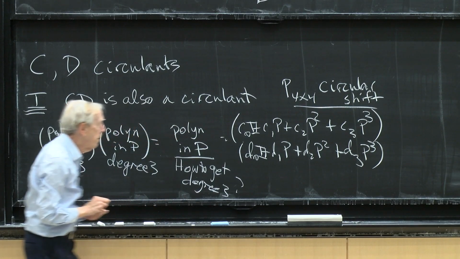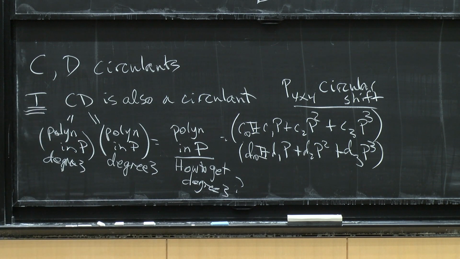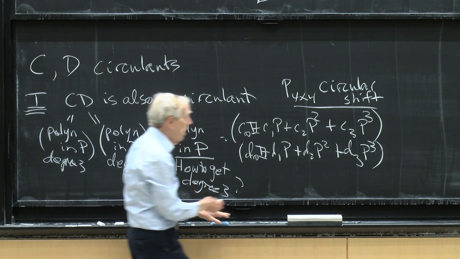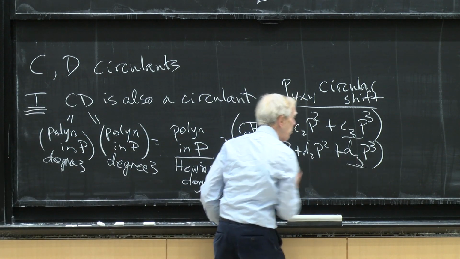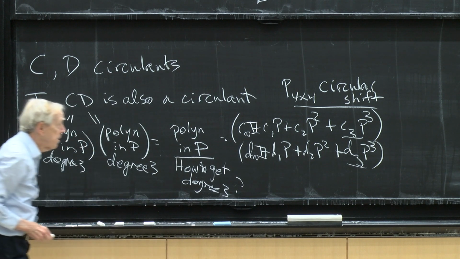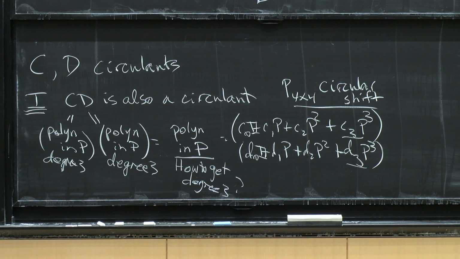You knew that. Okay, so when I multiply those, why do I not get degree 6? Why is that product, C3 P cubed times D3 P cubed, giving me C3 D3 P to the 6th power? So what do I do?